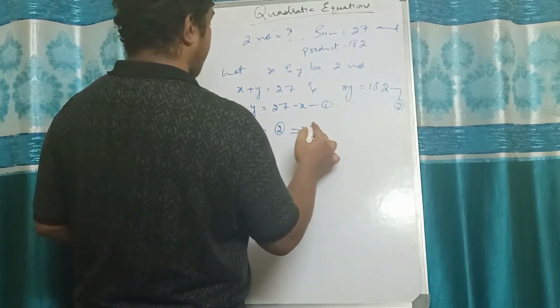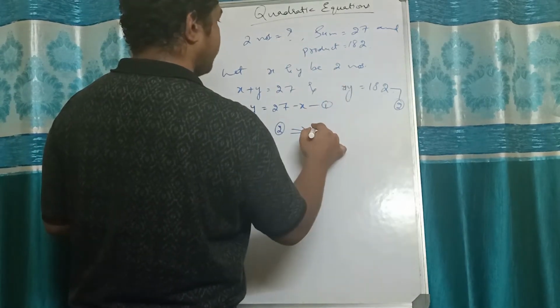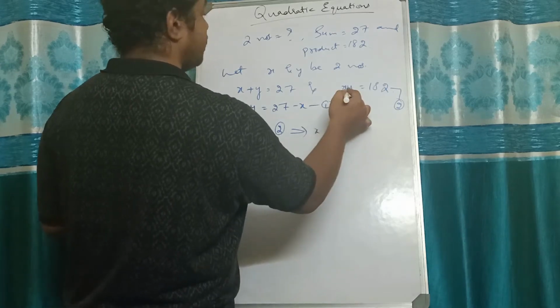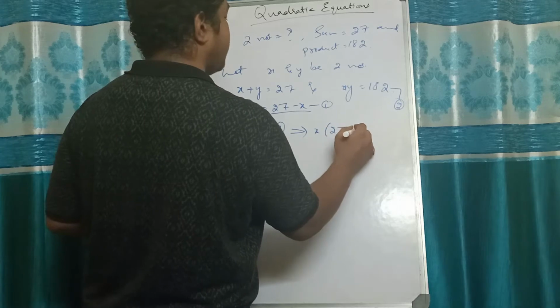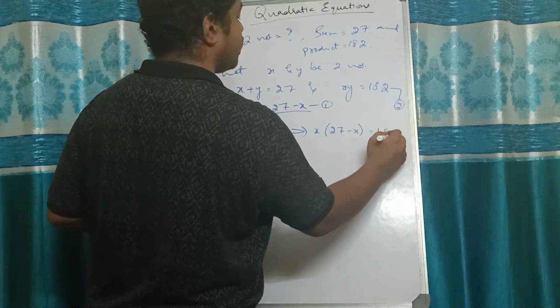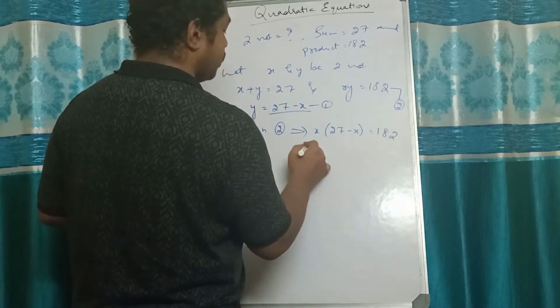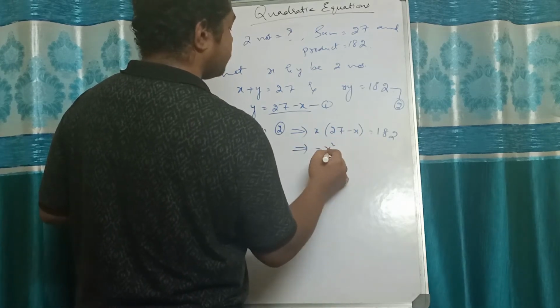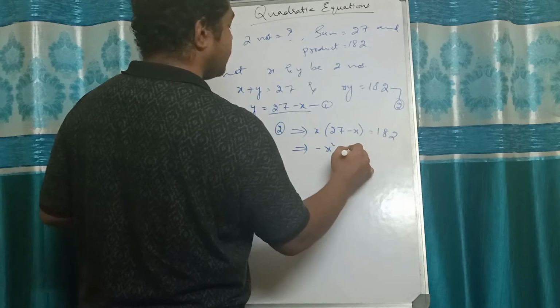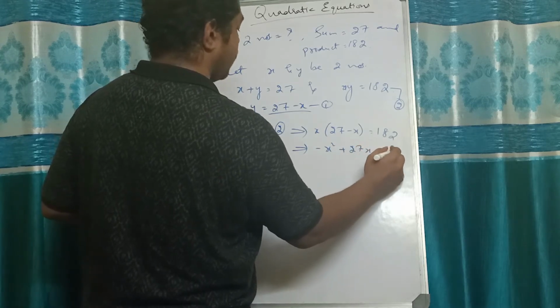What do we get? We get x into y, right? So x as it is, and in place of y I need to replace this whole thing. So it's x times (27 minus x), that will be equal to 182. So that implies if you multiply, what you get is minus x square plus 27x will be equal to 182.